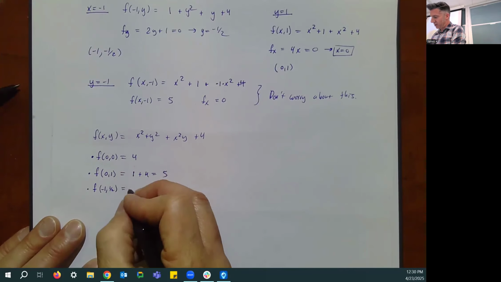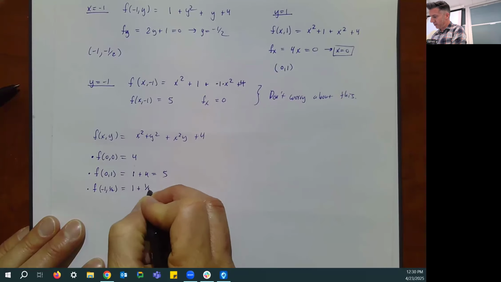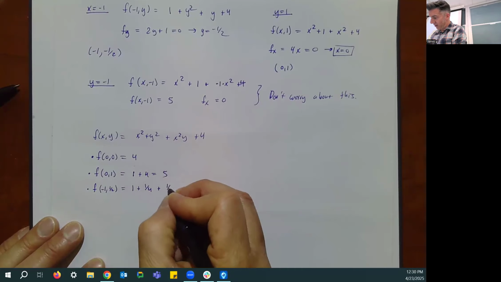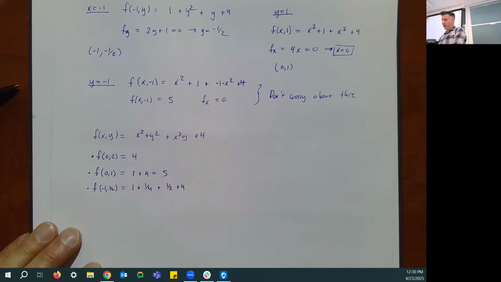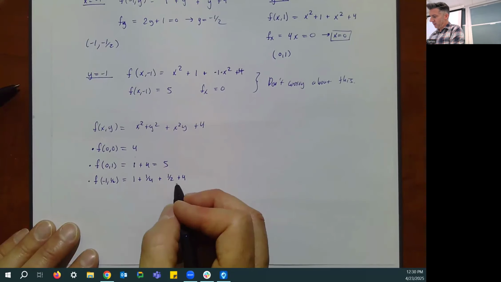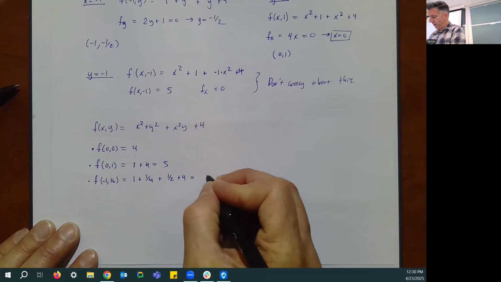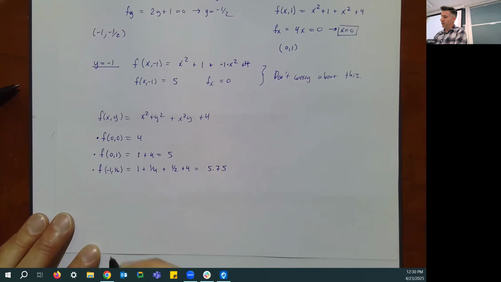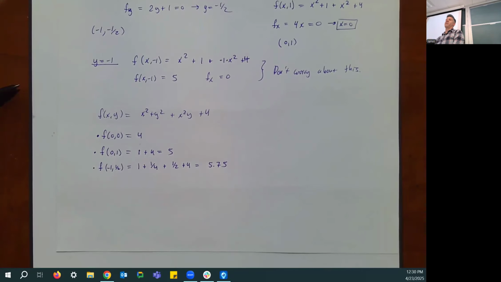That's going to be -1 squared plus 1/2 squared plus -1 squared times 1/2 is 1/2 plus 4. We add that all together, we get 5 plus 3/4, so we get 5 3/4 or 5.75. We keep going, right? This part is the part that's terrible. You just have to plug it in every function, but there's really no other way around it.